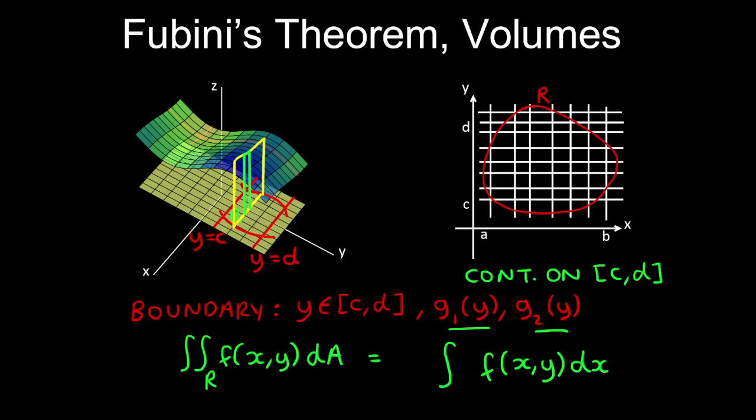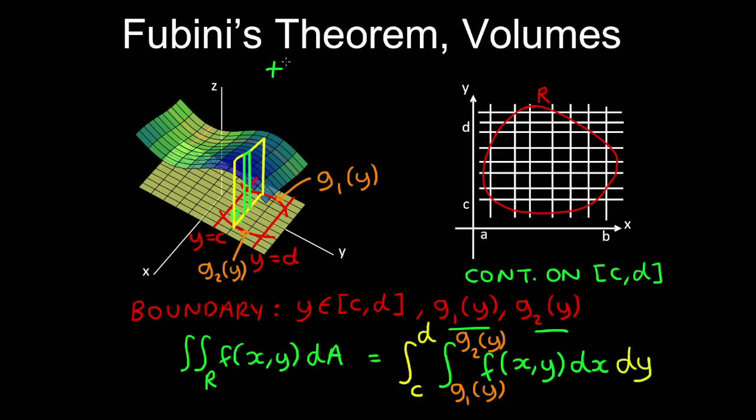So this integral is evaluated from the curve g1 of y to the curve g2 of y. So as we can see, our limits of integration are now variable. And this gives an expression for the area of this cross-section as a function of y. And therefore, we then integrate from y equals c to y equals d.